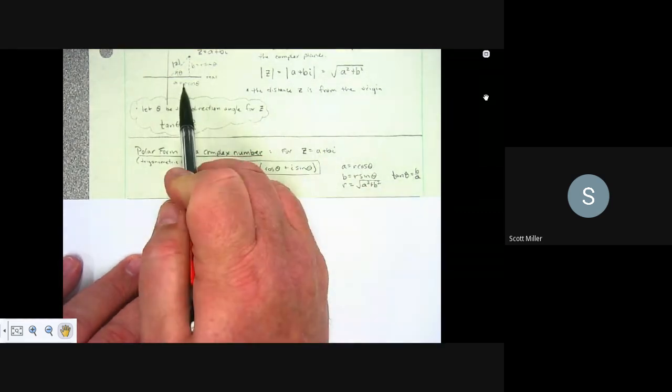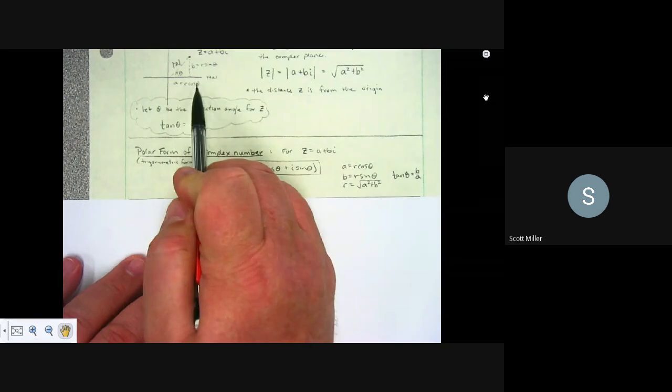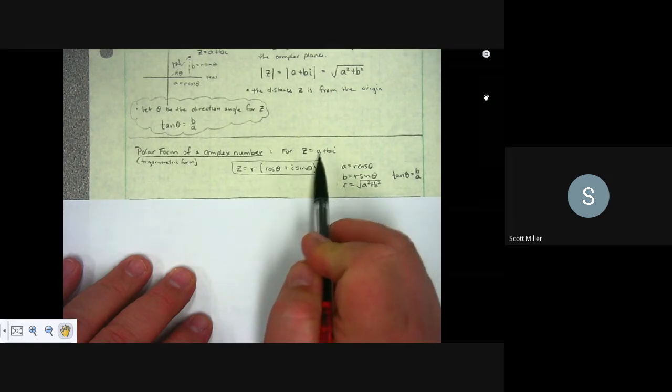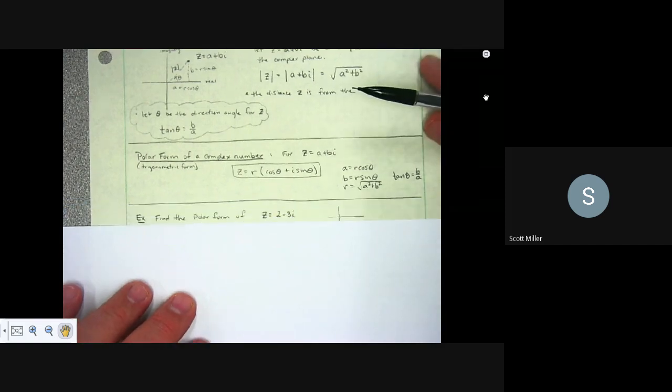If a is r cosine of theta, and b is r sine of theta, then replacing a and b with those values and factoring out the common factor of r gives you this format, the polar form or trig form of a complex number, where r is the distance the complex number is from the origin, and again the tangent of the angle is b over a. So this is how we can transform one form to another. And this is what you're going to be asked to do first.